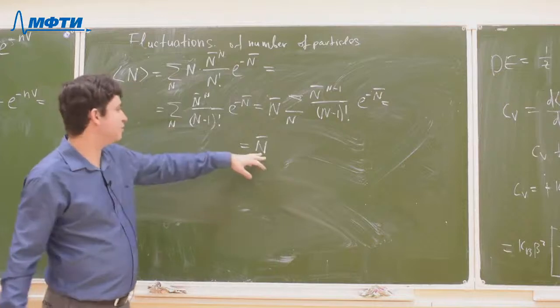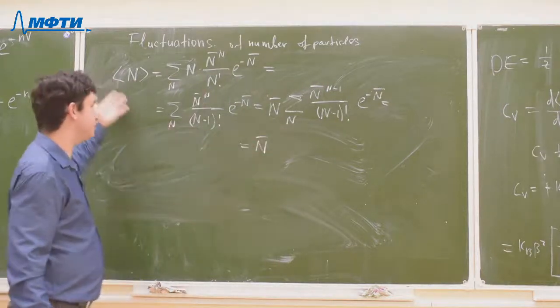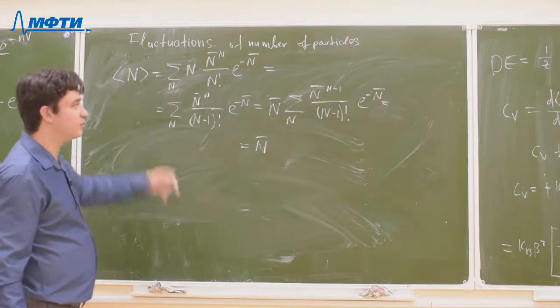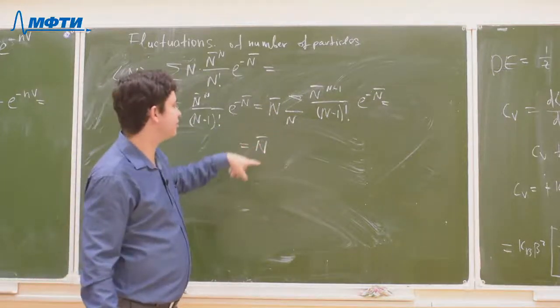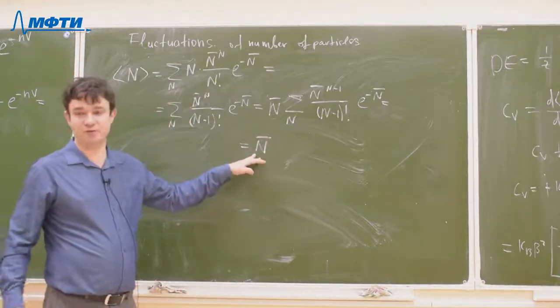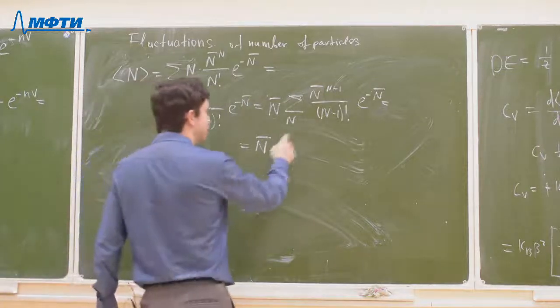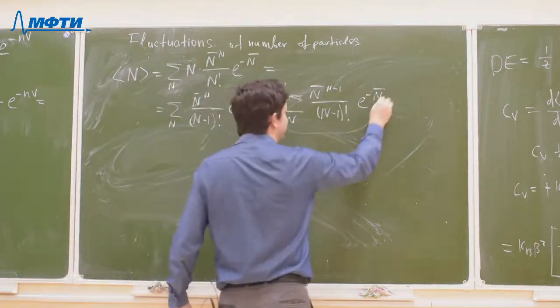As I have said previously, n with the line above it is an average number of particles. Here is the proof. So this notation is not chosen randomly. Actually, this is another notation for an average value or mean value. And this sum is actually equal to 1.